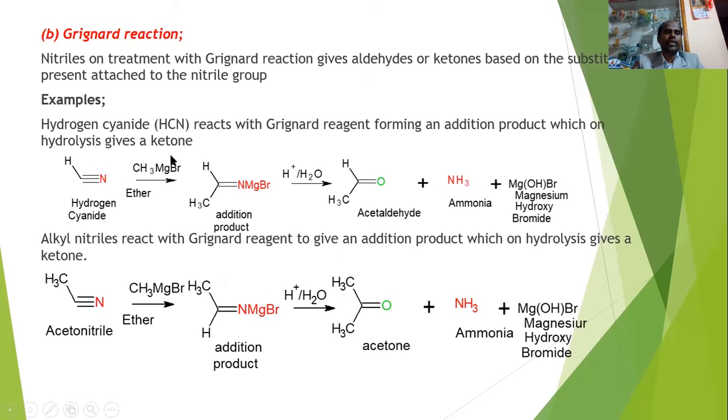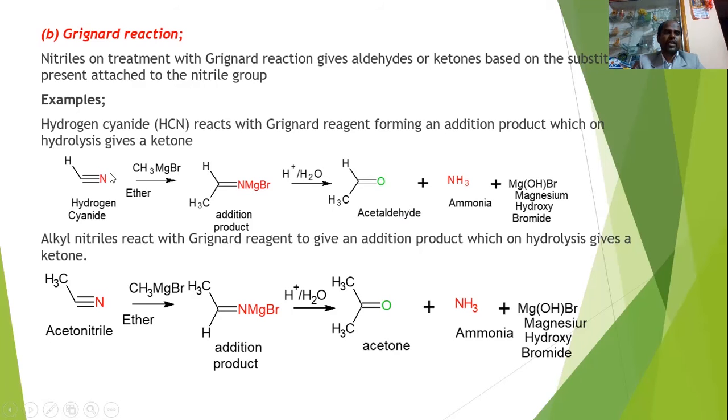These types of reagents are called Grignard reagents. When we are using a Grignard reagent with unsaturated compounds, we will get an addition product, and then the addition product on hydrolysis gives aldehydes or ketones. This particular reaction is called the Grignard reaction.